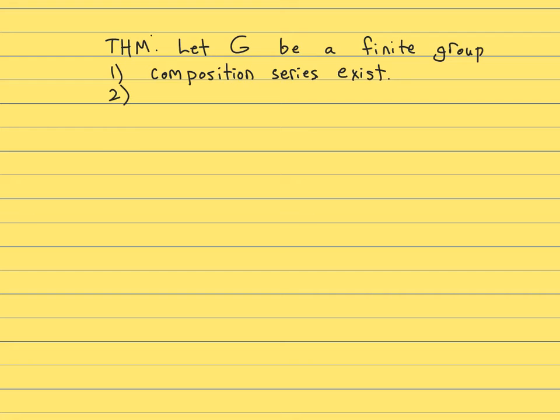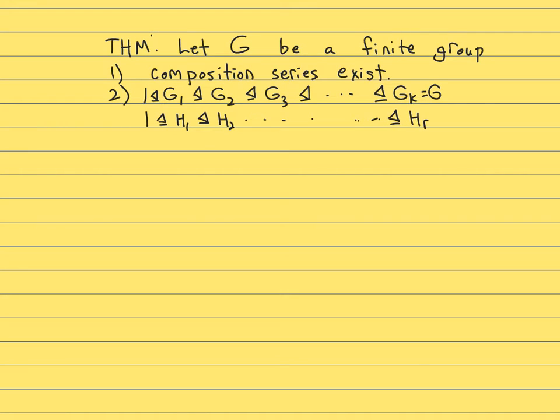And the second part is, suppose you have two composition series for G. So there's one composition series and another composition series. Let's say that you're going all the way to 1, of course. H_r is equal to G. Then it turns out that k is equal to r. So while there might be more than one composition series, they all have the same length.